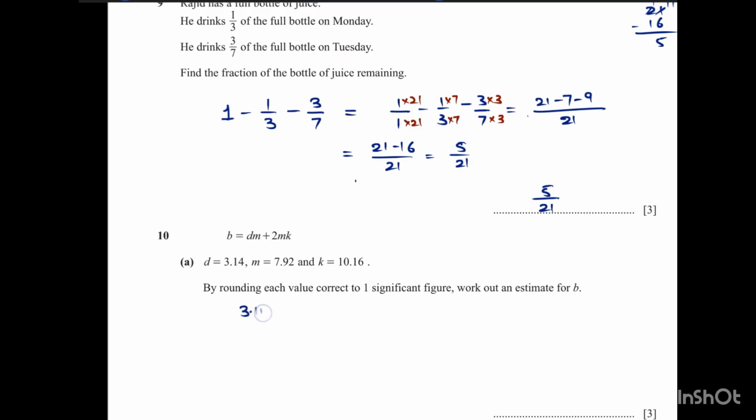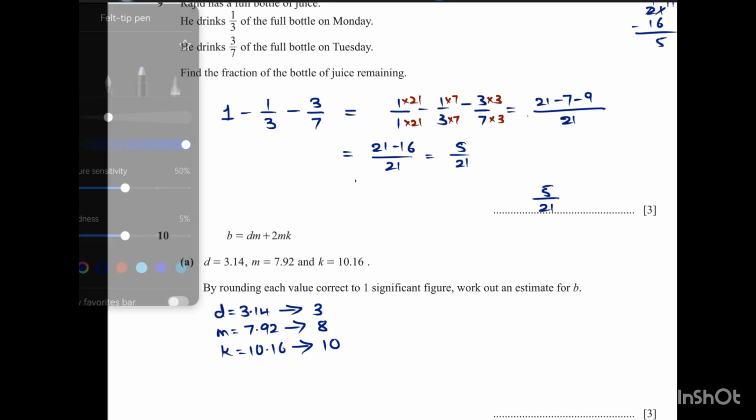D is equal to 3.14. Rounded to one significant figure we get 3. M is 7.92. Rounded to one significant figure will be 8. And K is 10.16. Rounded to one significant figure will be 10.